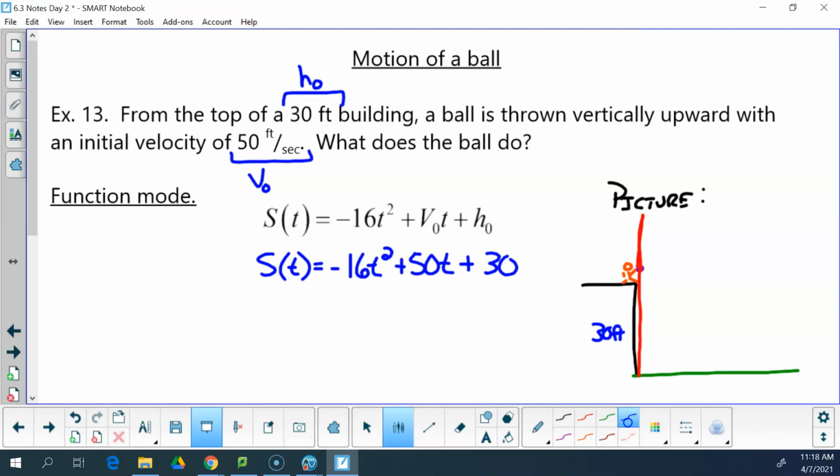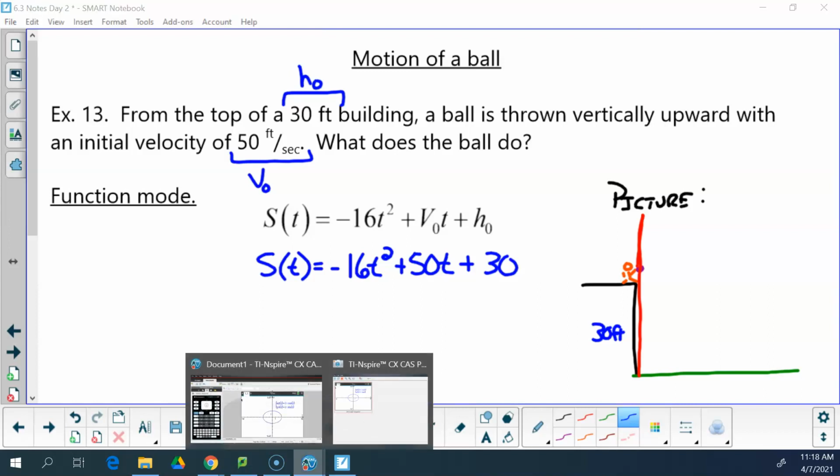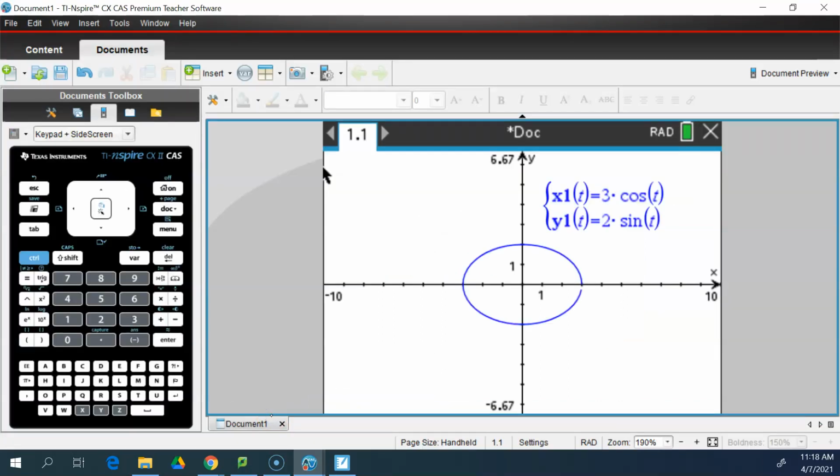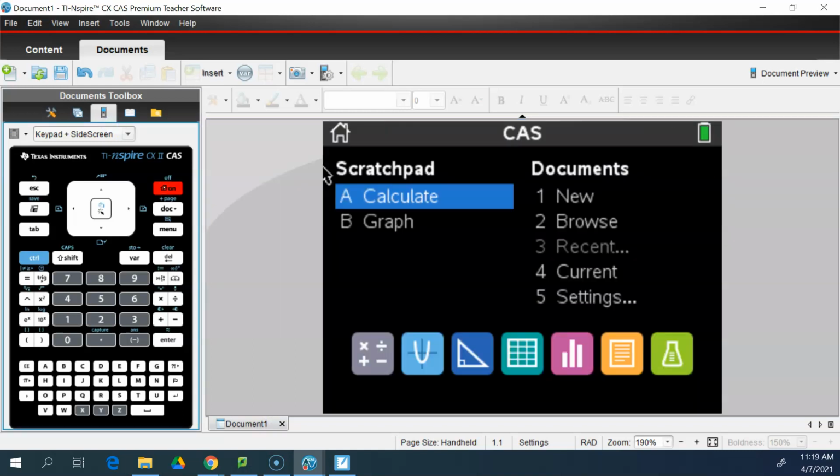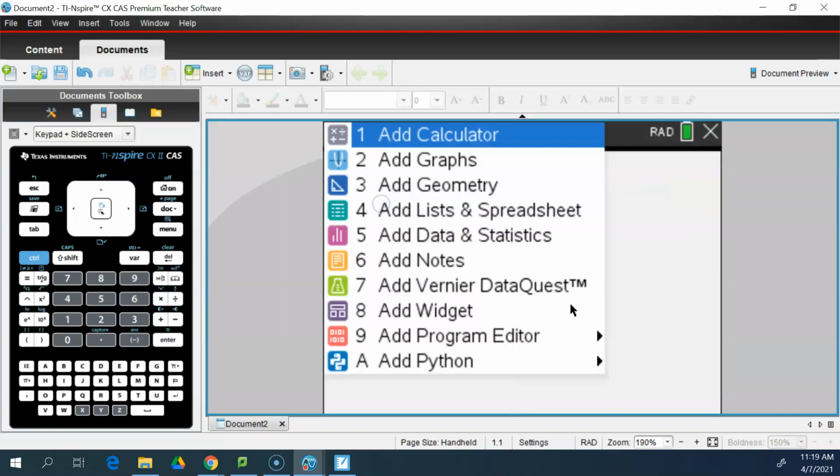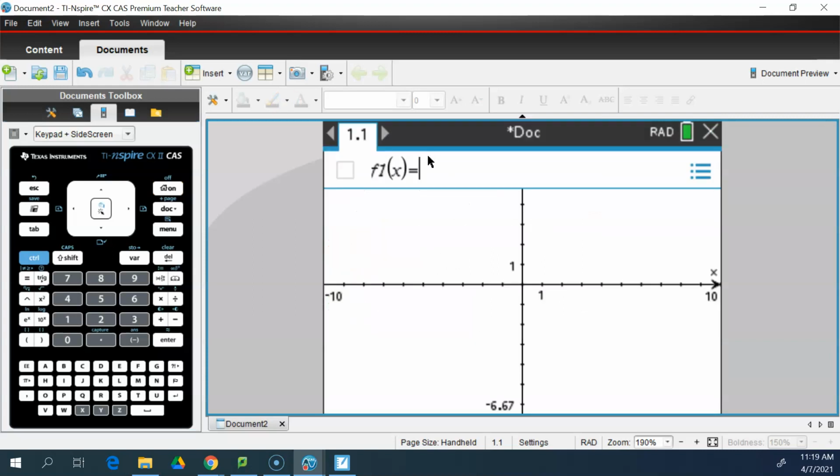Let's graph that on just a regular old graph on your graphing utility. So I'm going to start a brand new document. I don't want to save that anymore. I want graphs because I want to be in function mode. Now, because we're in function mode, or because you're using Desmos, we're going to switch our t's to x's.